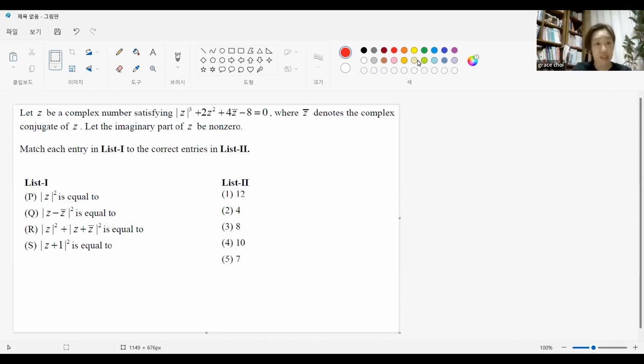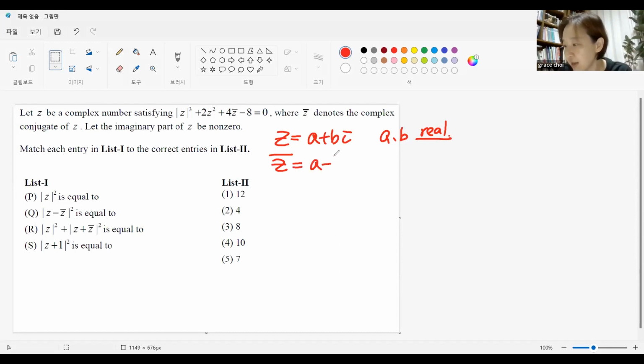Now, complex numbers and complex conjugates, their story. Let Z be a plus bi. Of course, a and b are real numbers, you know, right? And so the conjugate of Z is a minus bi, of course. And then use the given equation, very easy.